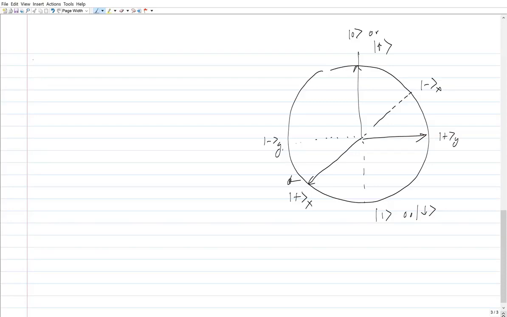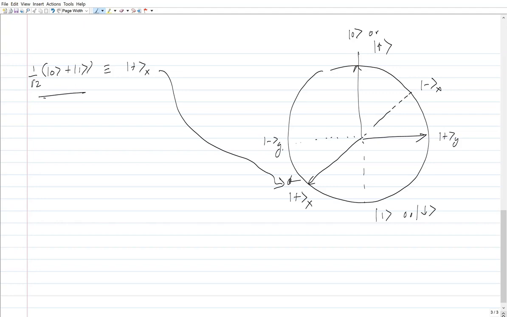What I'll do is that let me start with this state, which is also known as the plus x state. This is over here. So what do I do? I act on the state with my Hamiltonian.